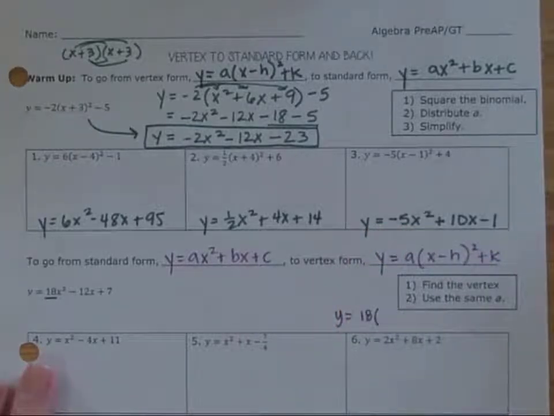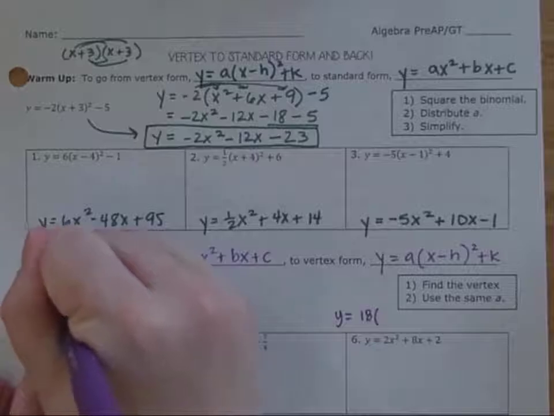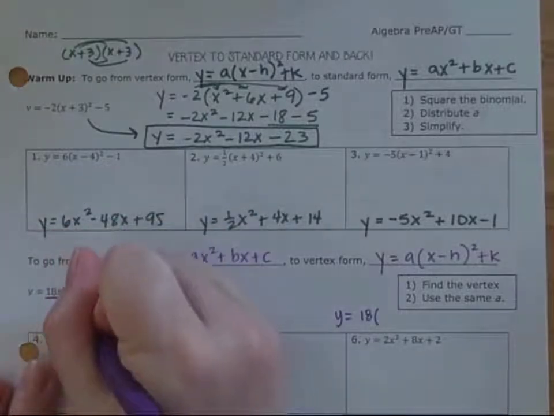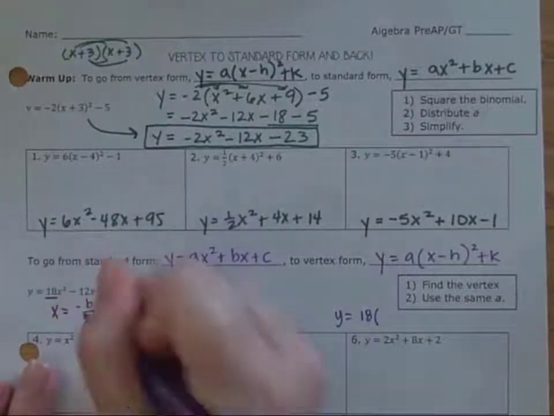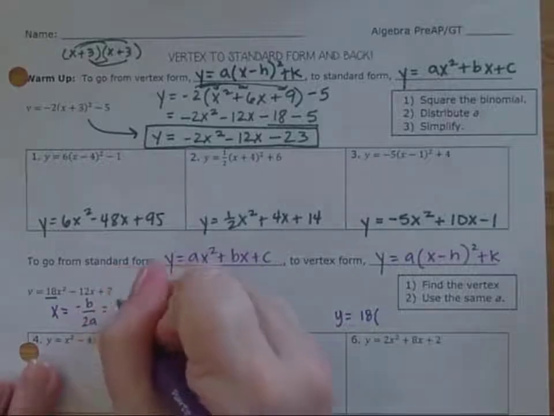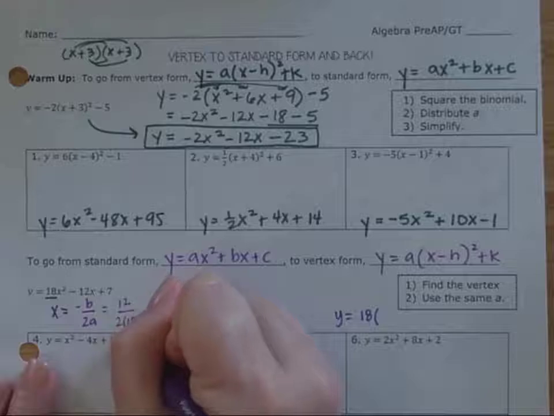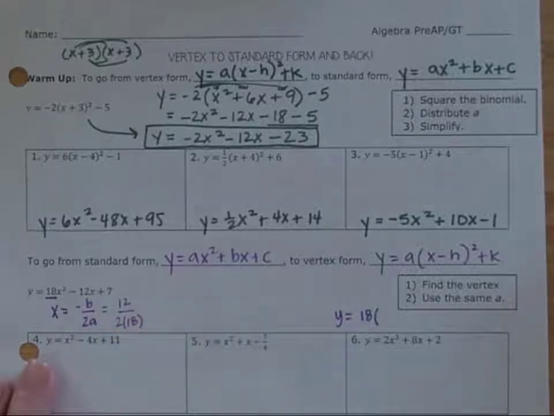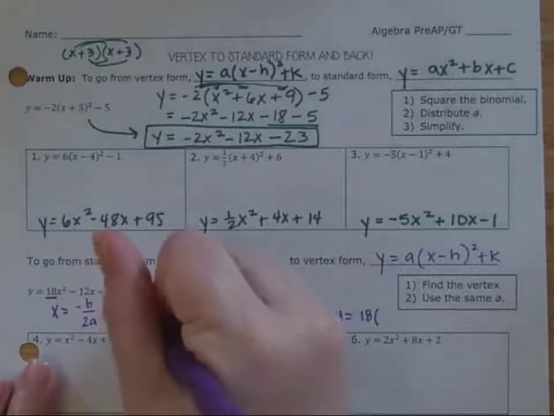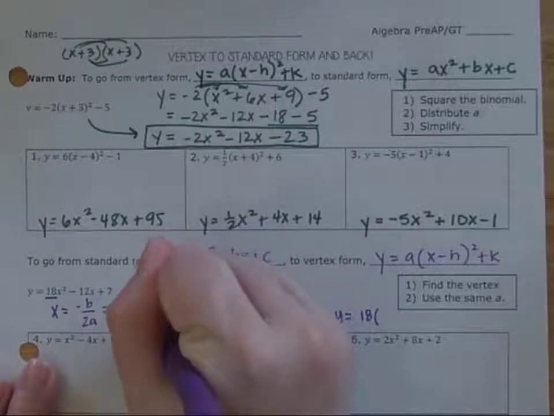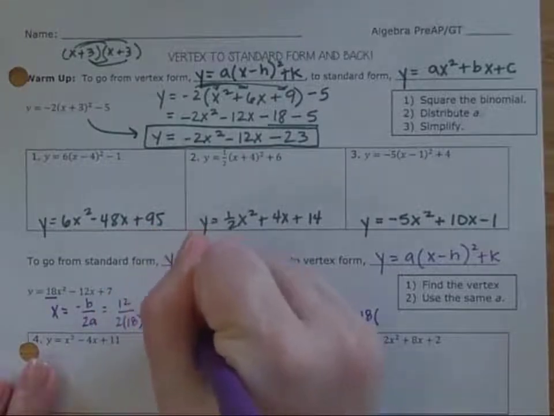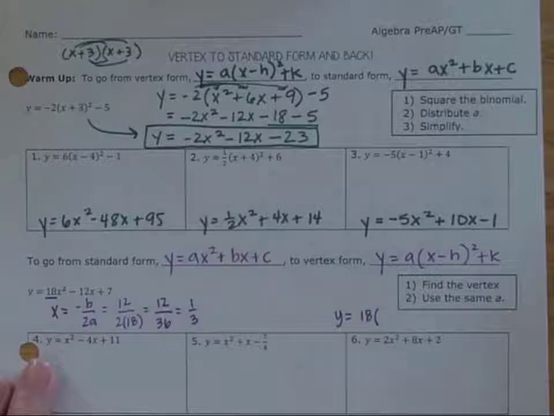We've got to find the vertex. So remember, to find the vertex, you have to find your axis of symmetry. That tells me the x value. So x equals negative b over 2a. So in this case, 12 over 2 times 18. That equals 12 over 36, which is 1/3. So my x value is 1/3.